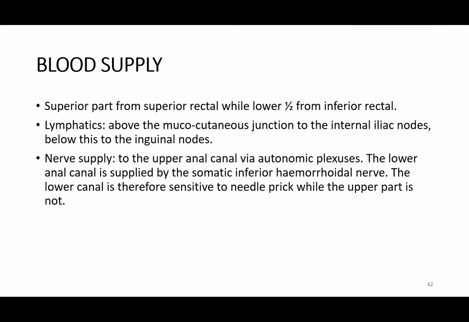The lymphatics. The lymphatic drainage of the anal canal is very important. Why? Because you know they are derived from different embryonic origin. The part above the dentate line has a different drainage from the part below the dentate line. Lymphatics above the mucocutaneous junction drain into the internal iliac lymph nodes, while below this, they drain to the inguinal lymph nodes.